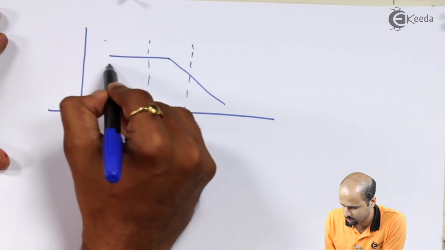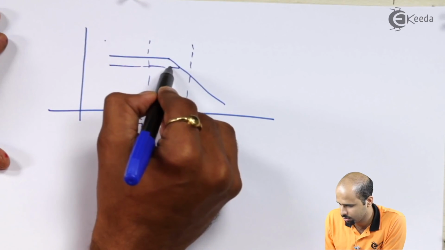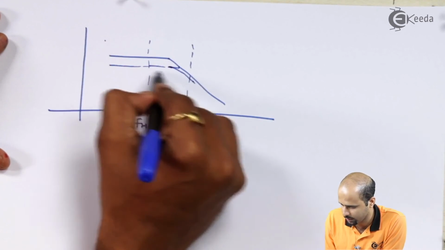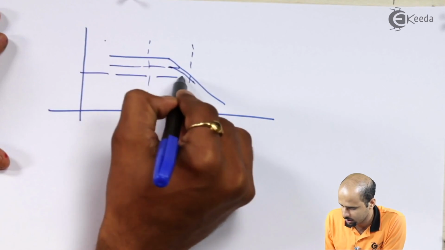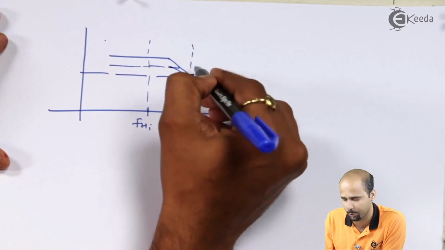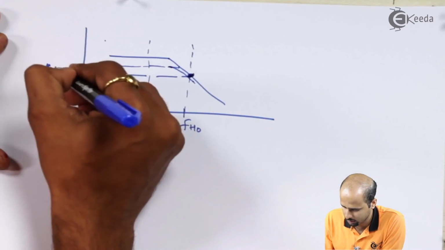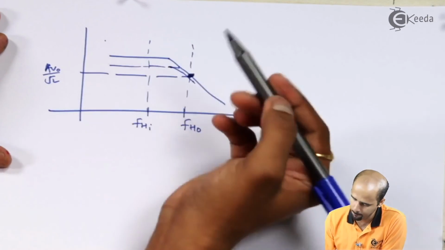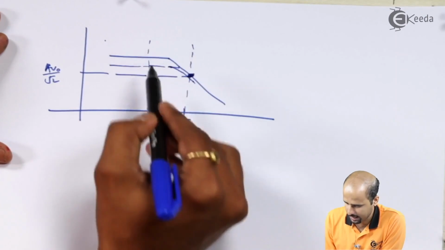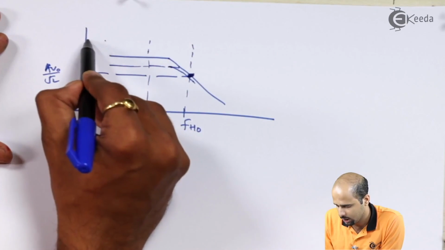Suppose here we have got the value of FHO. This is your FHO value, and here we'll get the half power point, where we get AV divided by root 2, AVO divided by root 2, if we consider FHO. And if we consider this FHI, then we'll get the higher value of gain, and that's what we want.